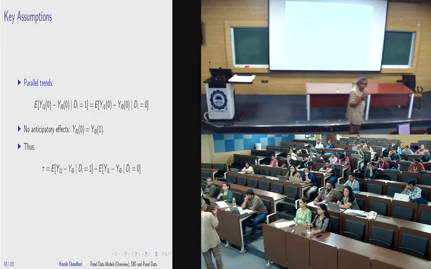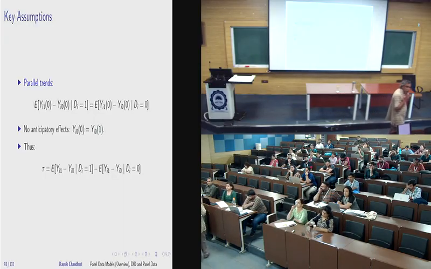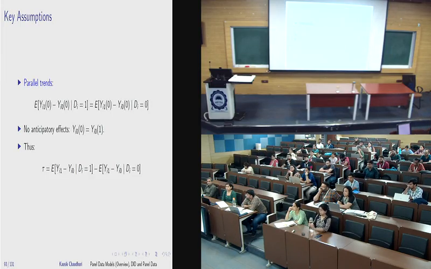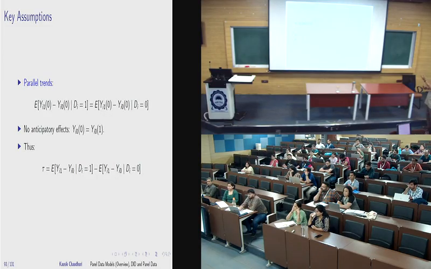And I claim that the expected trend of the two is exactly the same. So they are parallel before the treatment took place, but after the treatment, the way they behave would change. Clear? Fine. So no anticipatory effects. So Y_i0 would be equal to Y_i0 in the later period, because there is no anticipation that I expect, right?